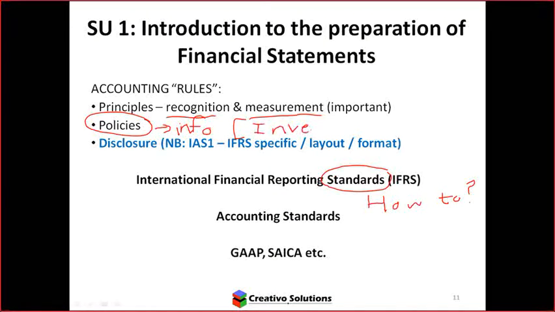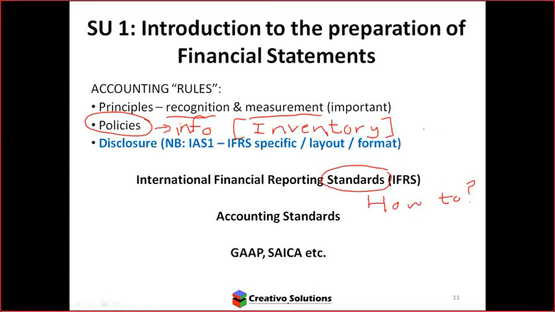Okay, so I want to give you one example. Let's think about a policy that relates to inventory. What is inventory? Do you remember? Inventory is your stock. Good. How can we account for inventory? Is there one or multiple ways of accounting for it? Isn't there perpetual and periodic? 100%. Okay, so you've either got the perpetual or the periodic system.